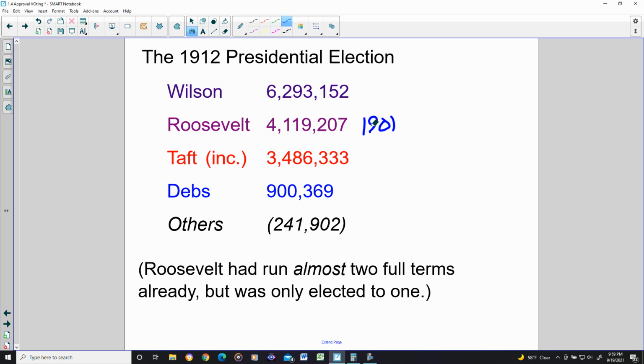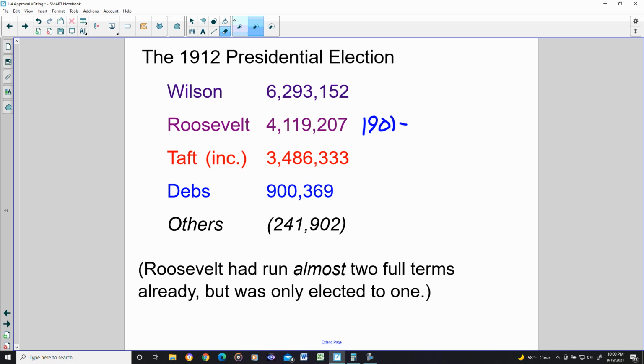William McKinley is assassinated. Roosevelt is the vice president. He serves out 3.5 years of McKinley's 4-year term. So he then wins re-election, right? And so he serves all the way until 1909.